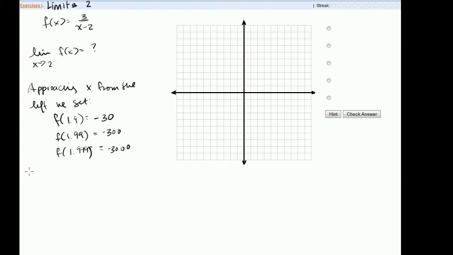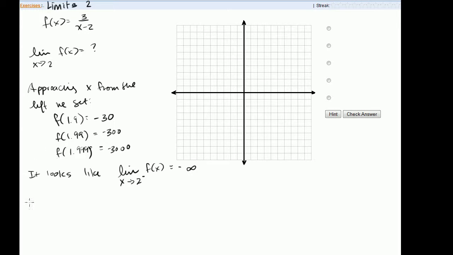And so it looks like, not very rigorous, but it gives people the gut sense, and we could even introduce them to notation, it looks like the limit as x approaches 2 from the negative side of f of x is equal to -infinity.